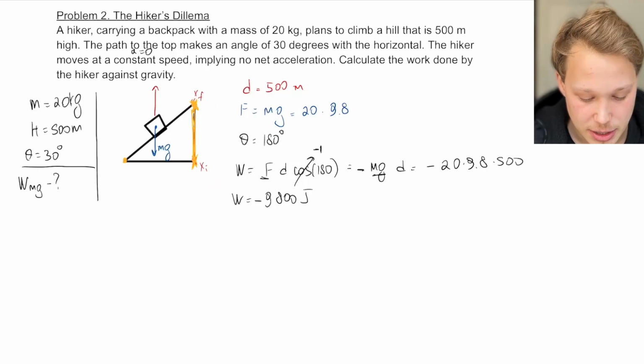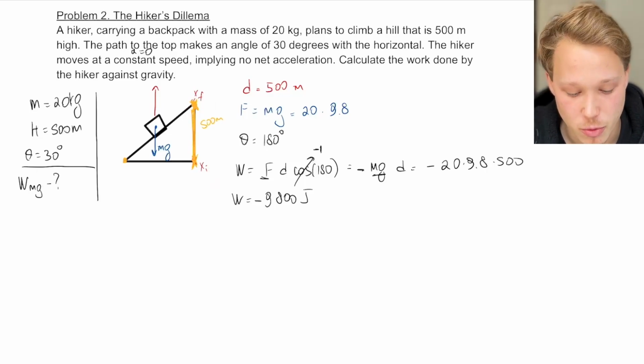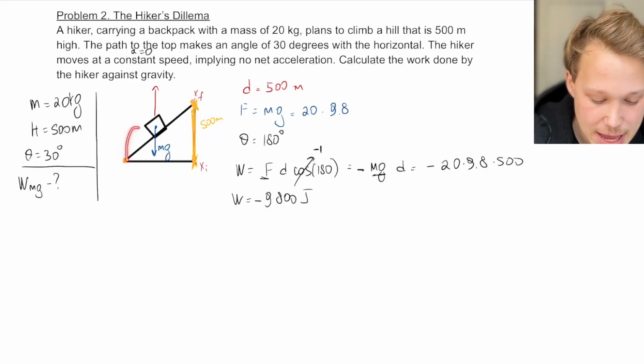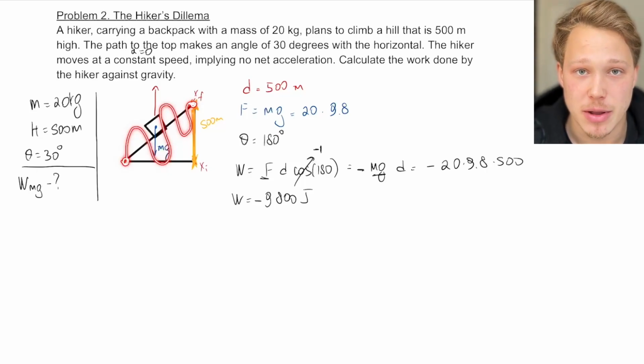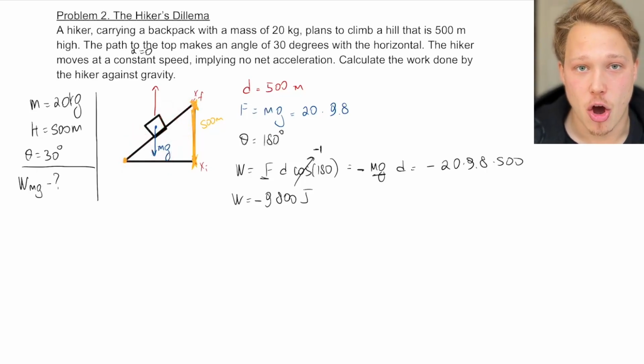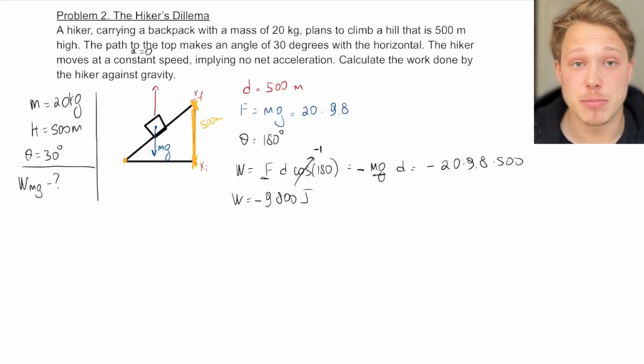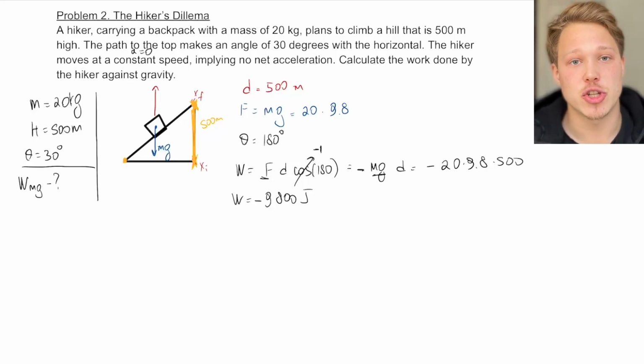That he ended up 500 meters away from his initial point, in other words. He could have taken any path. Work does not depend on the path that is taken. It only depends on the displacement. And you could be tested on this principle either through a problem like this one or maybe on a multiple choice question. So I wanted to make sure that you understand this.